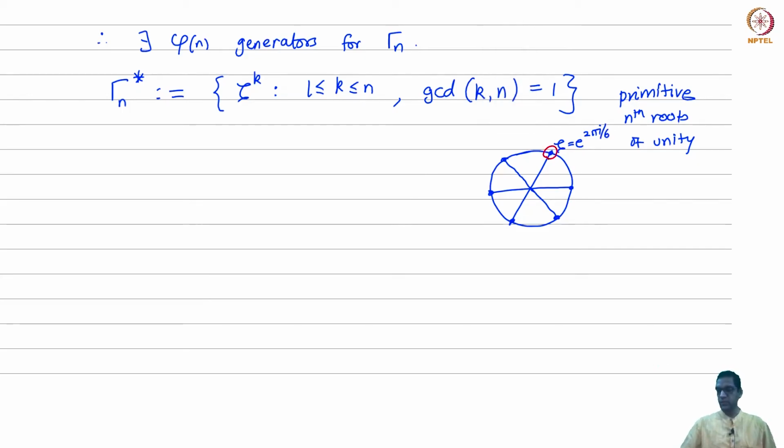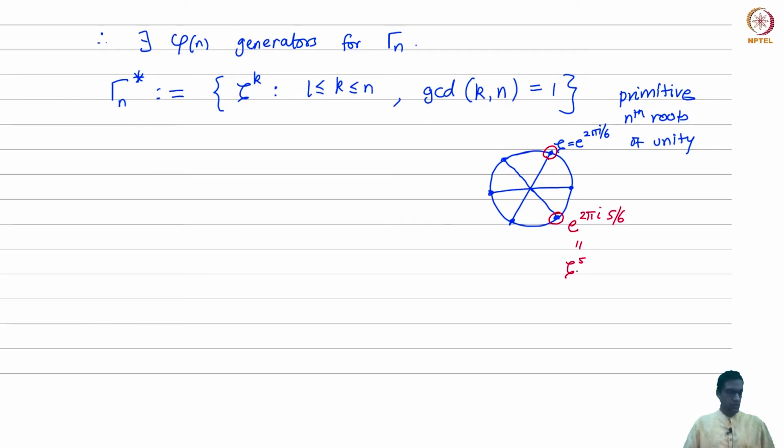Which are e to the 2 pi i over 6 and e to the 2 pi i into 5 by 6. So this is zeta power 5. These are the two primitive 6th roots of unity. The other roots of unity are not primitive.